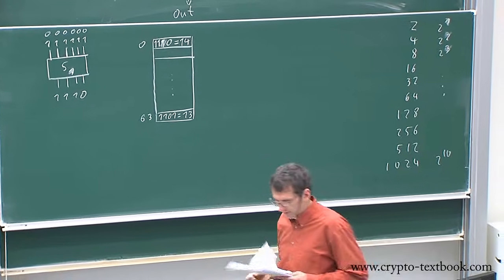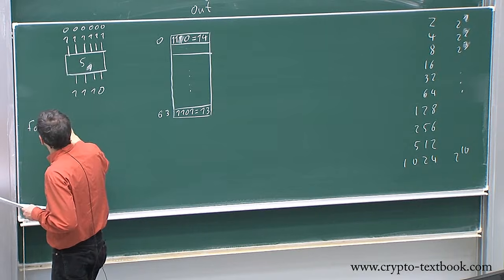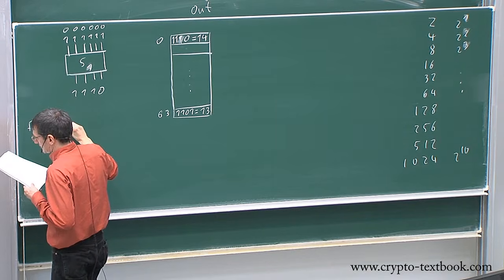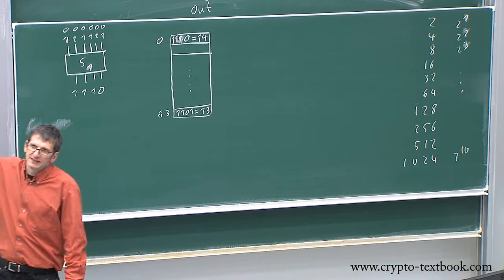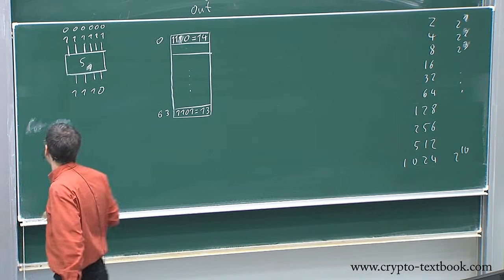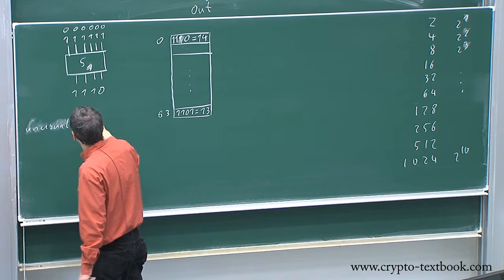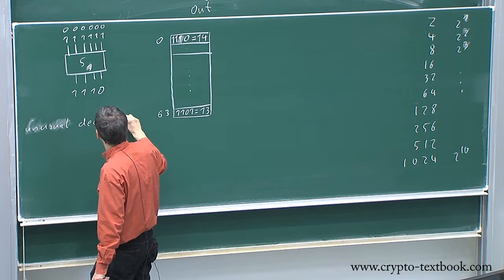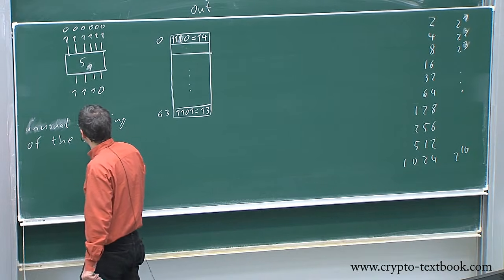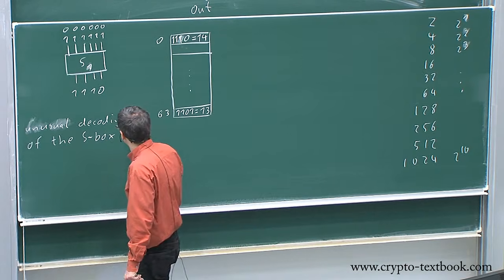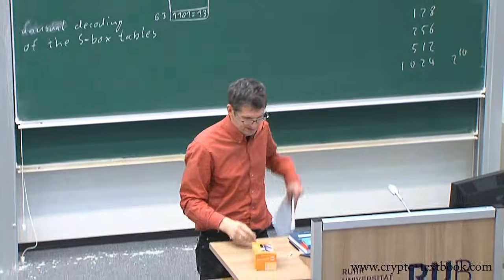Now, first of all, the way of reading the table is kind of weird. It's very unusual. There's an unusual decoding of the S-box tables.